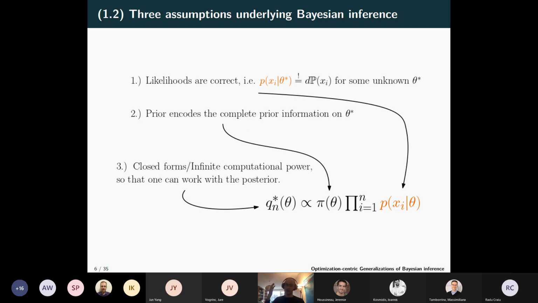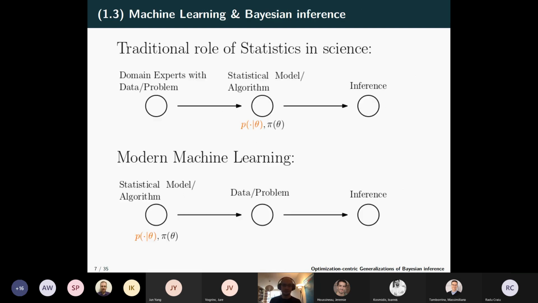If you're trying to impose a prior on a Bayesian neural network, you are saying that you have a good guess about likely weights of a parameter in a neural network in the third layer at the 68th node, which is fairly unlikely. And then you're also assuming that you can actually compute the entire thing in closed form, which is basically impossible in most machine learning applications. So you always need some form of approximation.